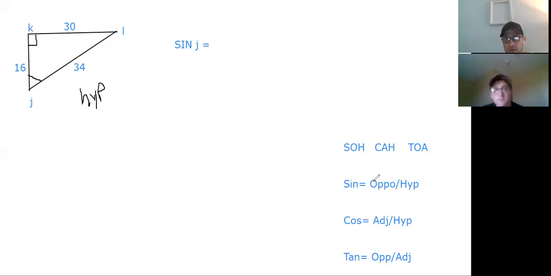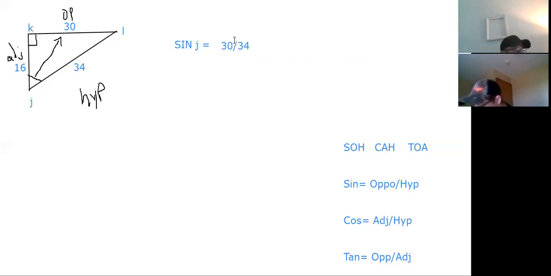Sine is opposite over hypotenuse. So the opposite of J would be what? 30. Hypotenuse is here, so this makes this adjacent. So what could I put that as? Opposite is 30 over 34. Yep. So all I have to do is take 30 divided by 34.